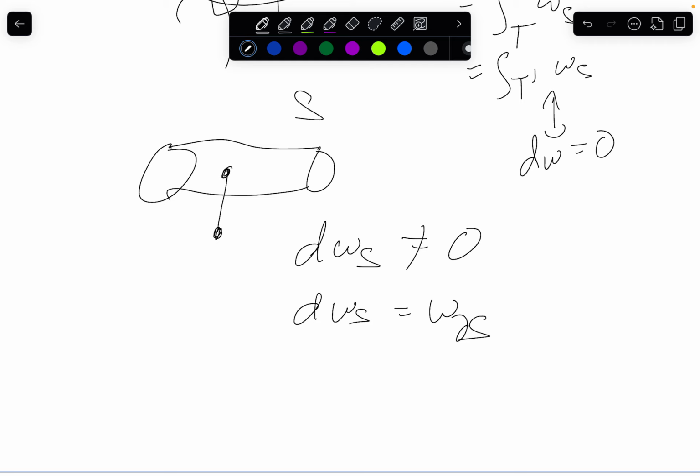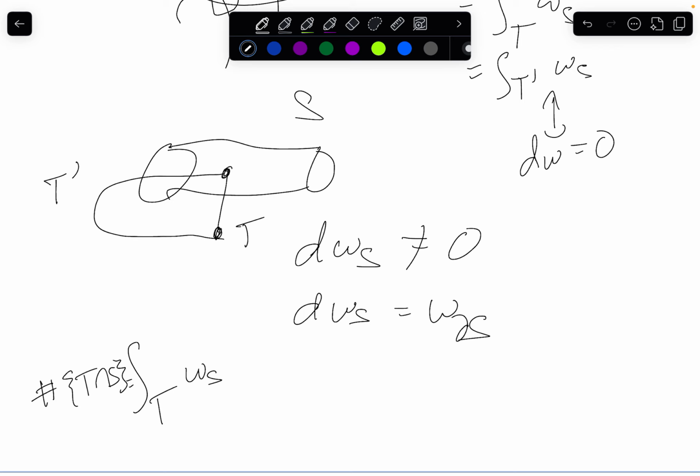Let's say that you have some part of a submanifold T over here. And we said that the integral over T of omega S counts the number of points of intersection between T and S, right? So what happens if we deform this past the boundary to T prime?